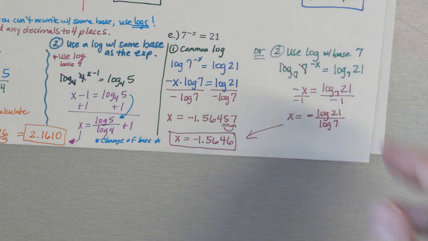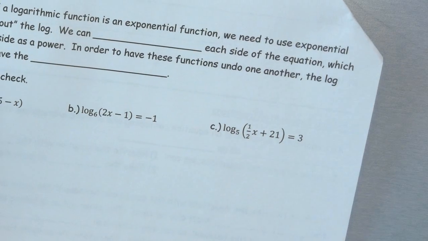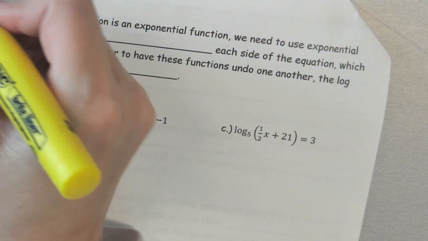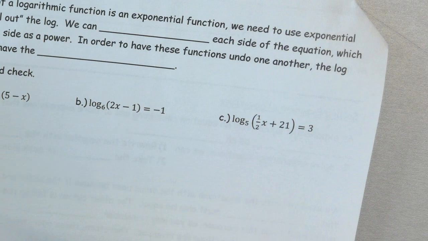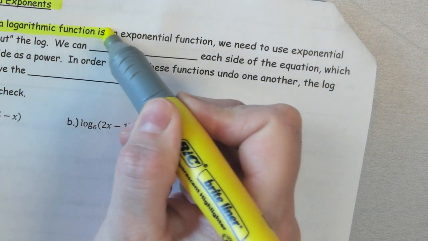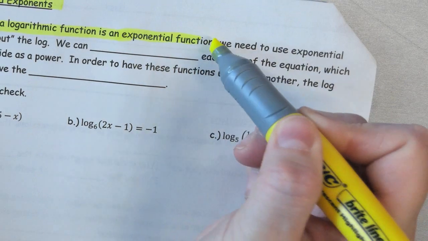All right, now we're going to go to the next page, which is where we're going to talk about solving with logs and exponents. Okay, so we know that the inverse of a logarithmic function is an exponential function.